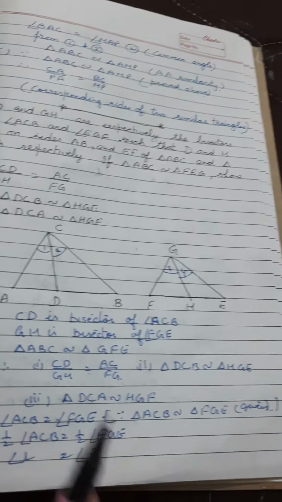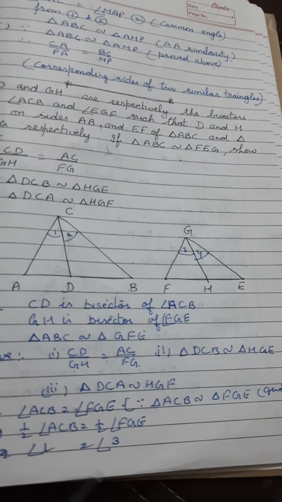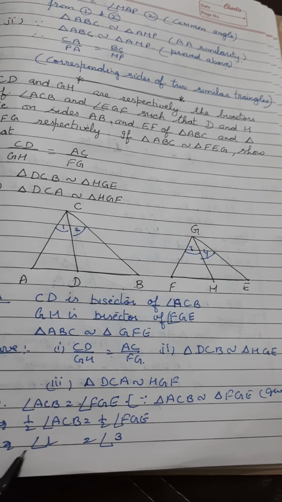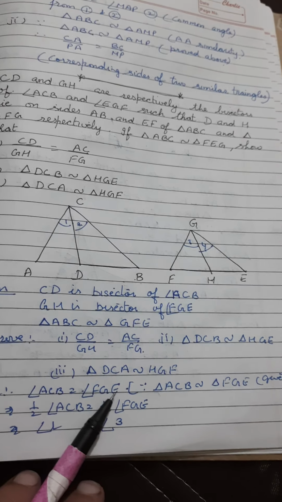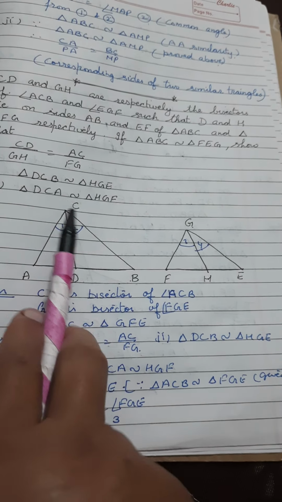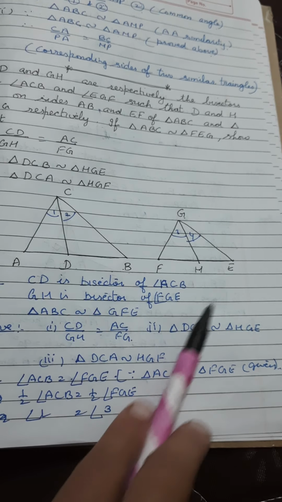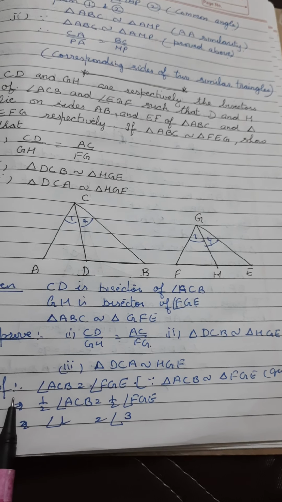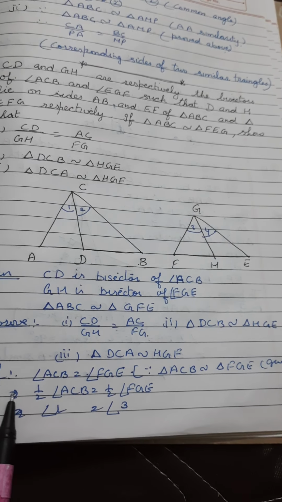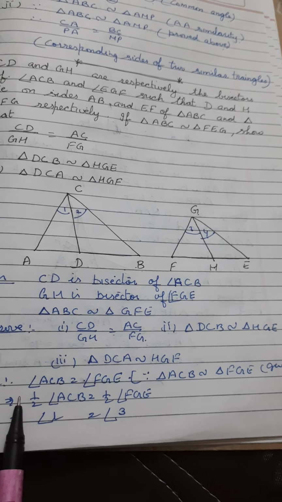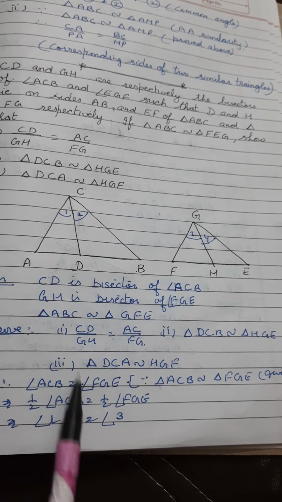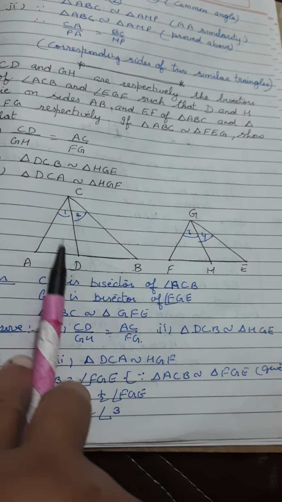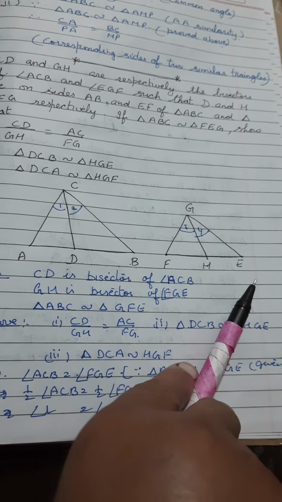Now see here, proof. Angle ACB is equal to angle FGE. Because triangles are similar, half of angle ACB is equal to half of angle FGE.